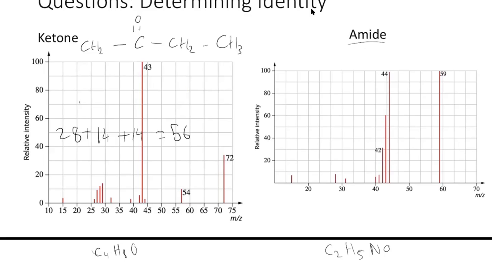That's 15, but we need one more, so we'll add that there. So that's CH3. The reason for that is because we can't end on CH2. We have to end with CH3, so that's why we add another hydrogen there.